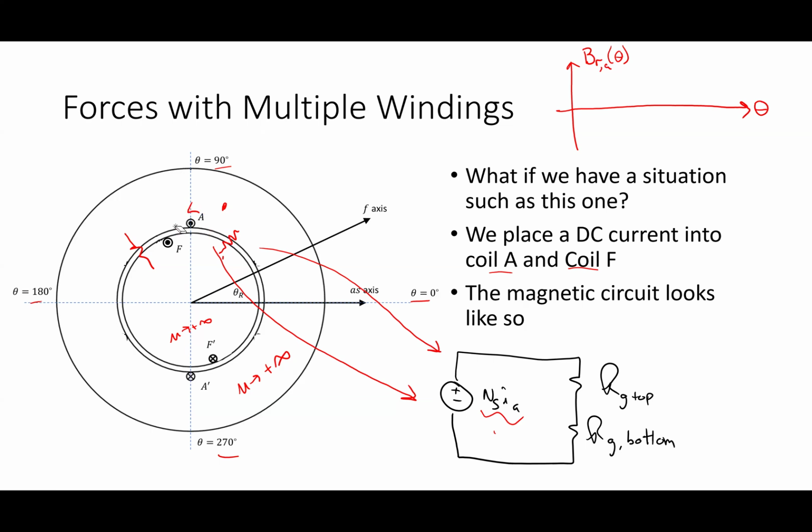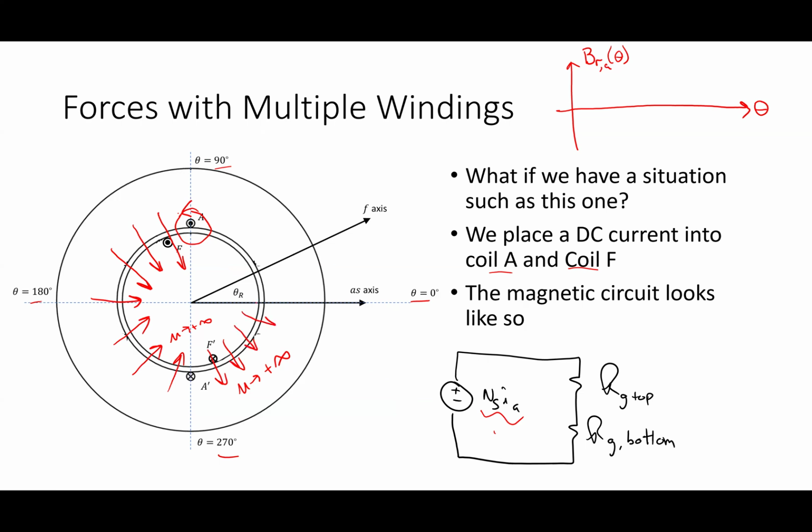If I follow the field lines for this coil A, where the field goes in a counterclockwise direction, the field is going to be purely in the radial direction, moving from the stator to the rotor on the left side, and on the right side it's going to move from the rotor to the stator.